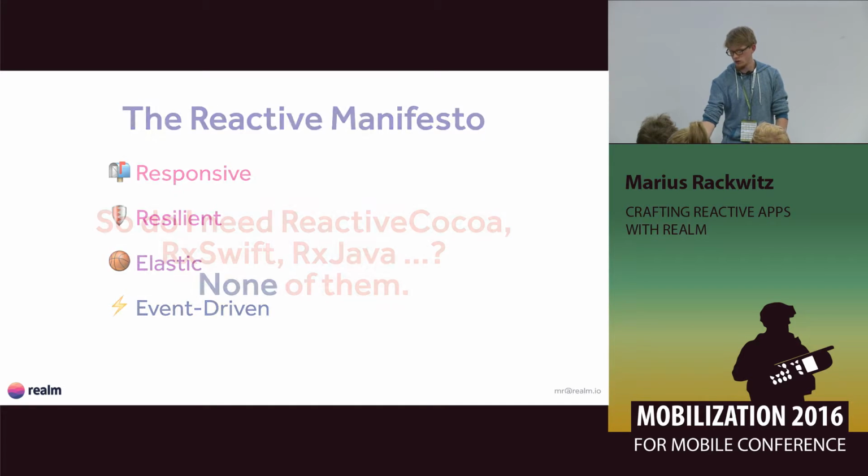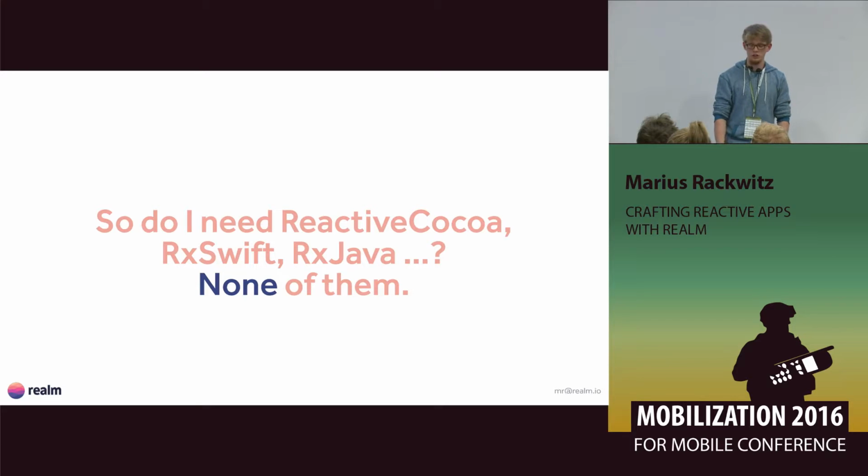And so you will learn that you don't even need ReactiveCocoa, RxSwift, RxJava, ReactiveKit, however they are called. There are lots of reactive frameworks out there. But to build an app on a reactive architecture, you don't need to follow one specific API philosophy of a specific framework and build your app all around that.